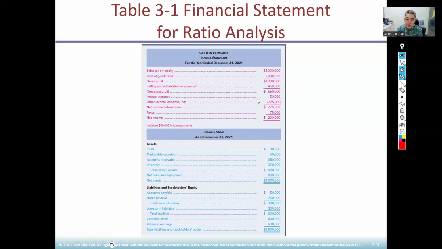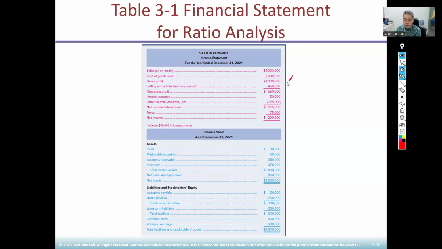How did we get the income before interest and fixed charges? So you actually have here the 550, which is before interest expense, but you now need to add back the 50 that's included in the 450. That's the reason why it became 600.